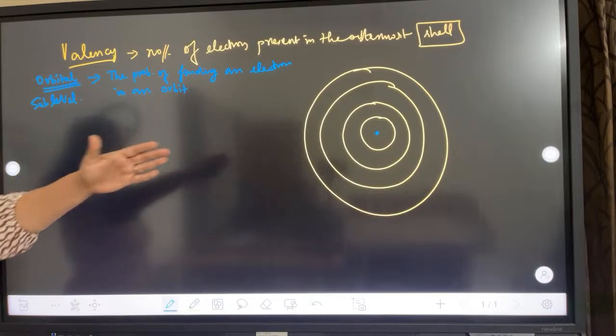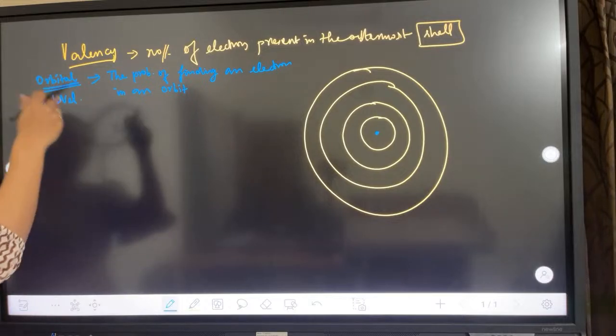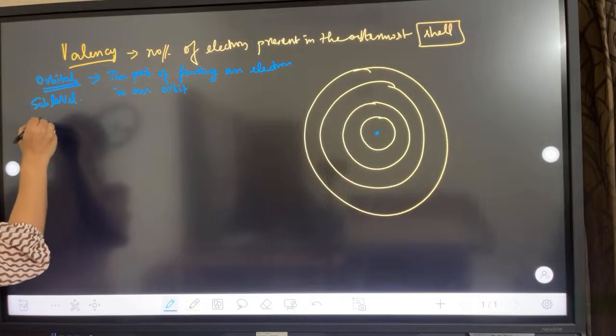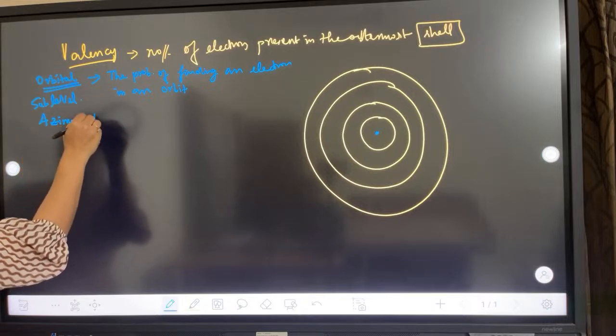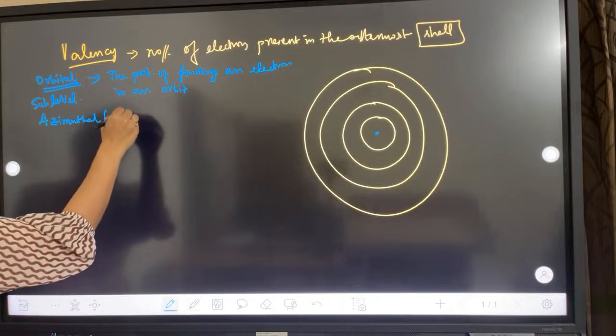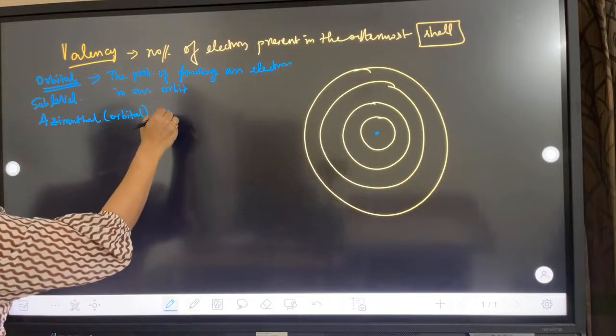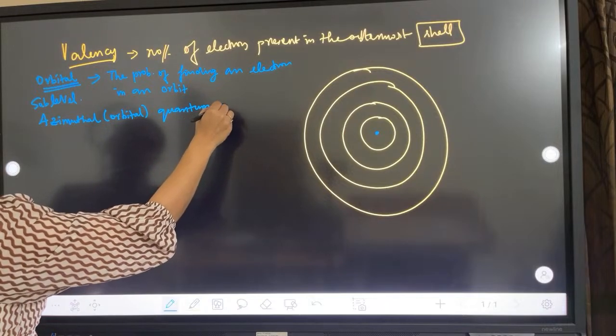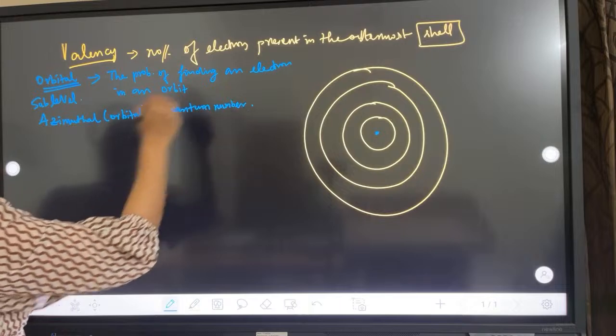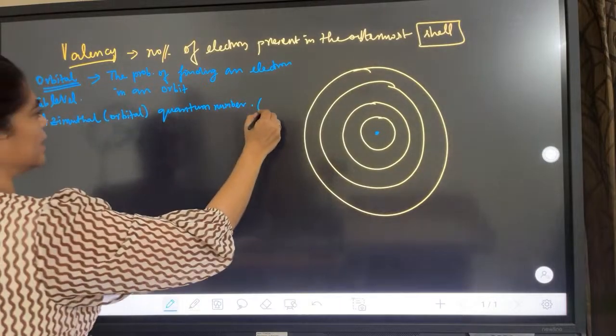I'll be coming to that. It is derived from a quantum number called the azimuthal quantum number, or orbital quantum number. It is designated by the letter L.